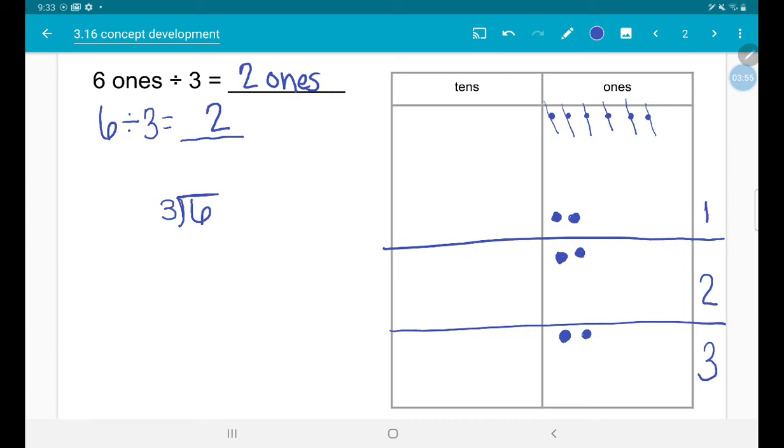Okay, so I have the 6. My total goes inside the house. It's like this 3's knocking on the door. How many times could I put 6 things into 3 groups? 2. So I'm going to put a 2 right up here on top.